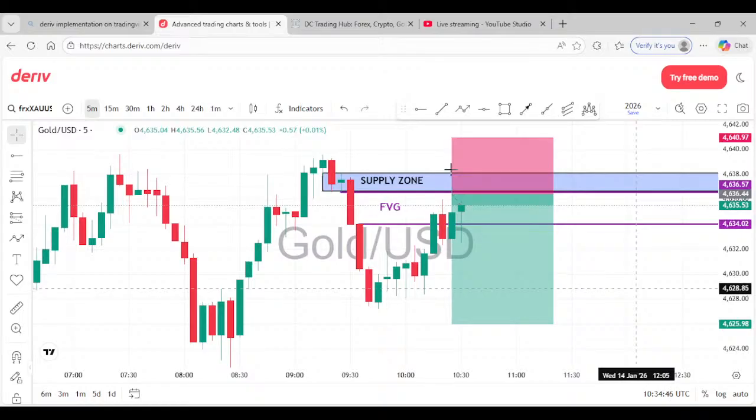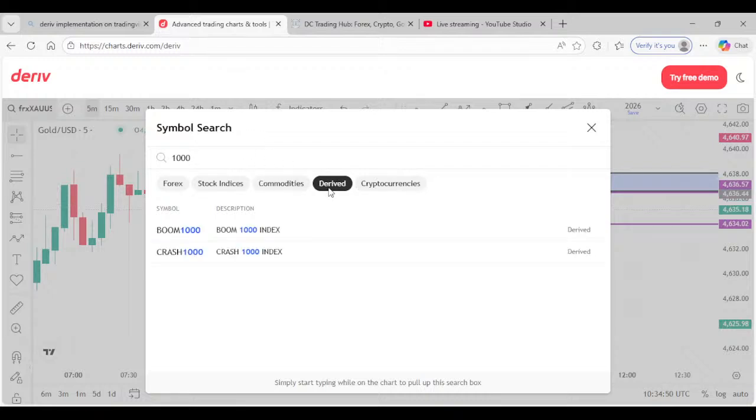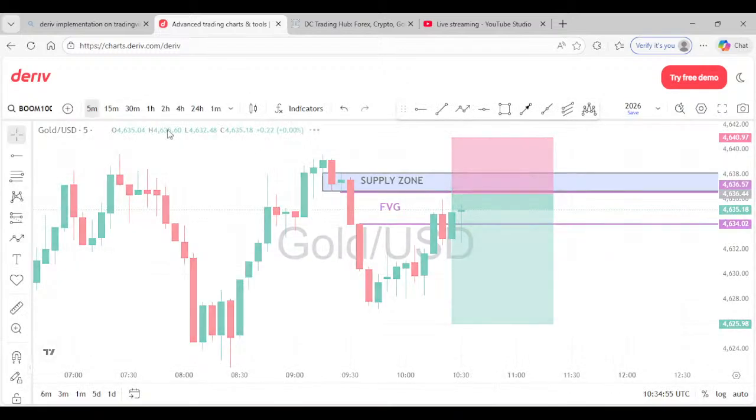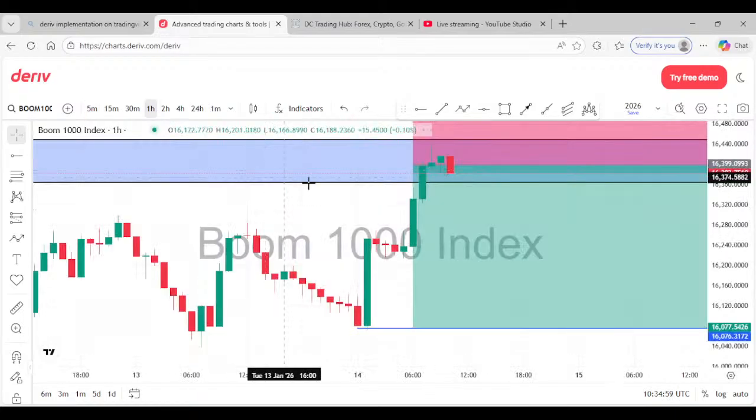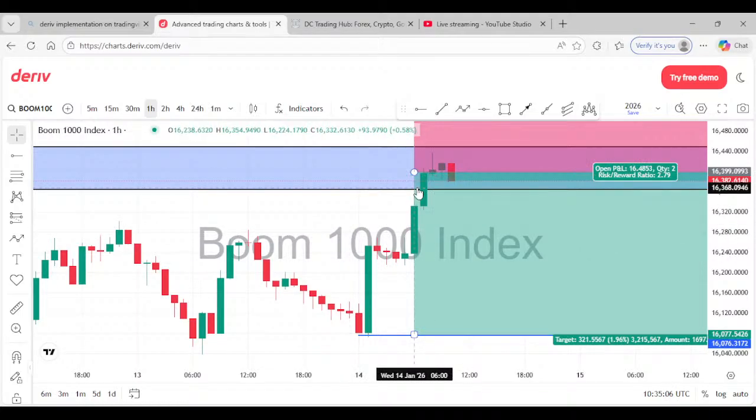Boom 1000. Let's go and look at Boom 1000. I think it was our first analysis. First analysis was Boom 1000. We said we're going to be selling Boom 1000. And let's look at the candle formation that is taking place. I think we are good to go. We had a bearish pin bar. We also had a doji.